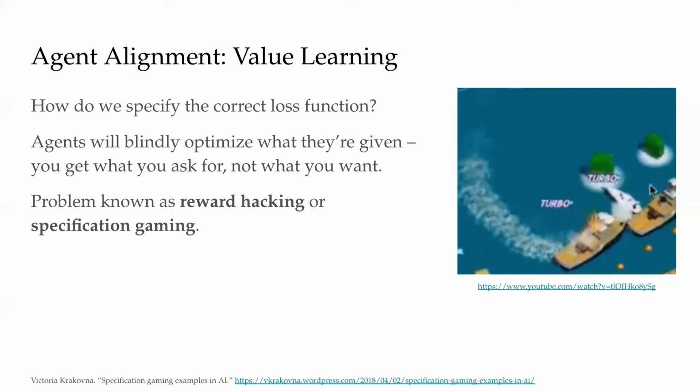But just as a verbal description, there is this racing game called Coast Runner, I think, where you are in a boat and you travel around a track and you want to beat the game. Unfortunately, beating the game is too sparse a reward to train an agent on, so instead the designer said, oh, there are all these checkpoints through the lap. You get points when you pass through a checkpoint, and when you finish a lap.